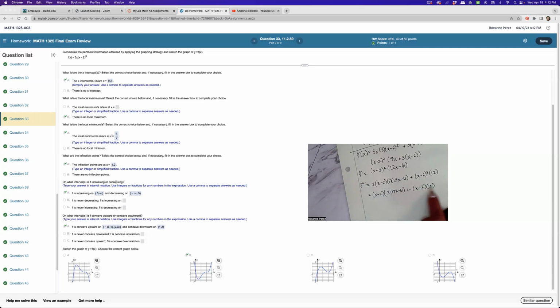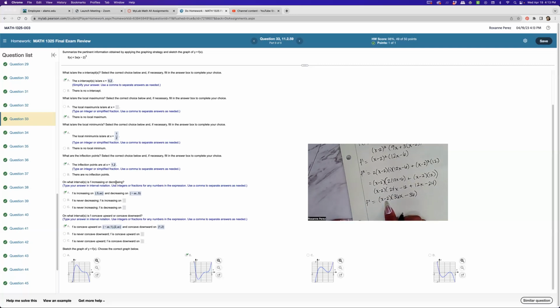Now I'm going to distribute everything in here and combine like terms. That's going to give me x minus 2, 24x minus 12, plus 12x minus 24. And that's going to end up giving me x minus 2, 36x minus 36, f double prime.